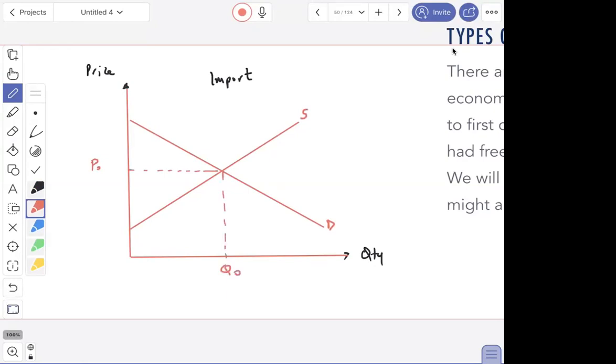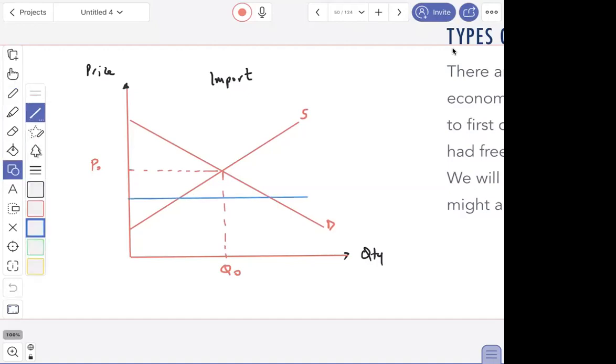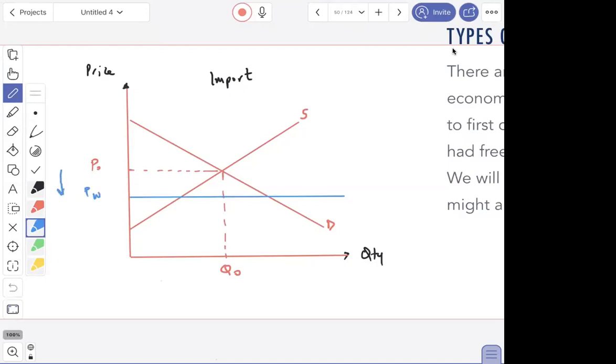But what if the world price of cell phones is much lower than P naught? In the world, China is making it for the rest of the world at a price like PW. So the world price is lower than the domestic price, and therefore this blue line is the world supply.